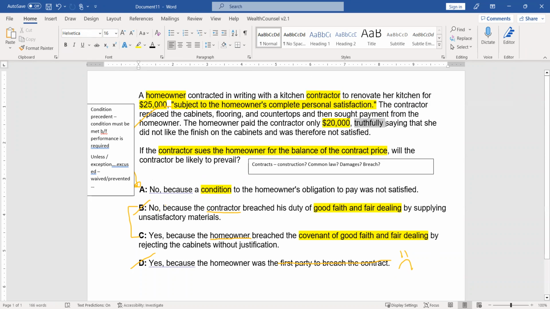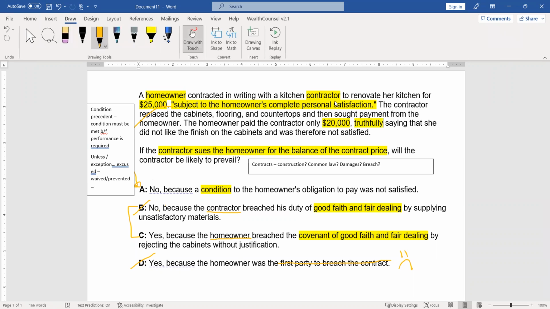So truthfully is important whenever they use adjectives or when they go on and on about a fact. That's an indication that it may turn the analysis, because she's claiming truthfully that it's not to her personal satisfaction. Then you want to make a note of that and think that's not a showing of bad faith either. So you would get to the A answer choice in this way.